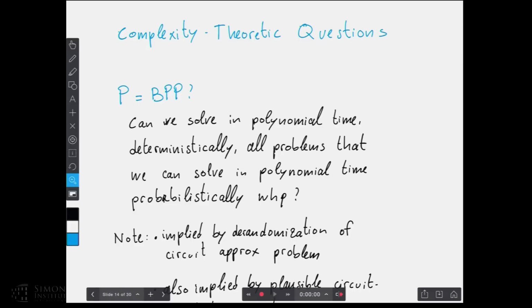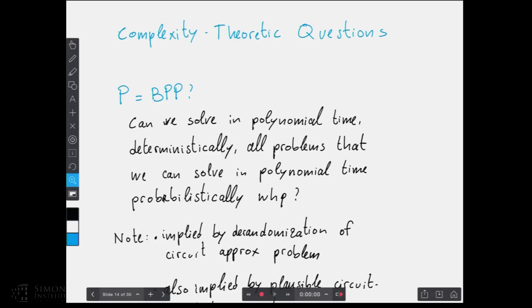There are some open problems in complexity theory that relate to those questions. So the P versus BPP problem, which is essentially whether what I just described before is solvable deterministically, is the question of whether we can transform every polynomial time randomized algorithm into a deterministic one.